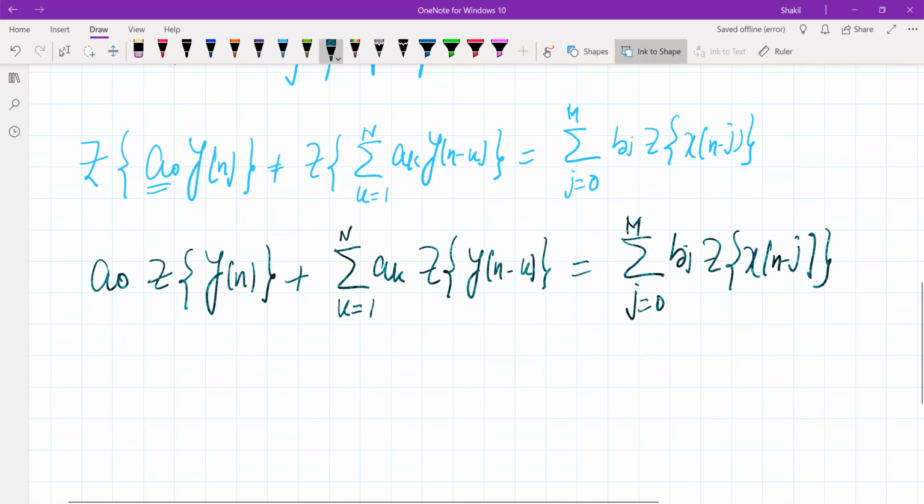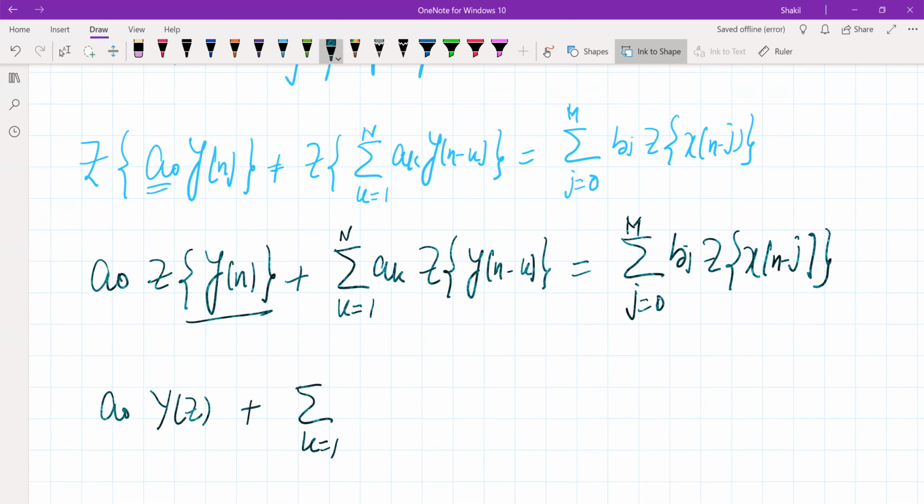Now, if I say the Z transform of y of n is Y of z, using capital notation, what will be the Z transform of y of n minus k?